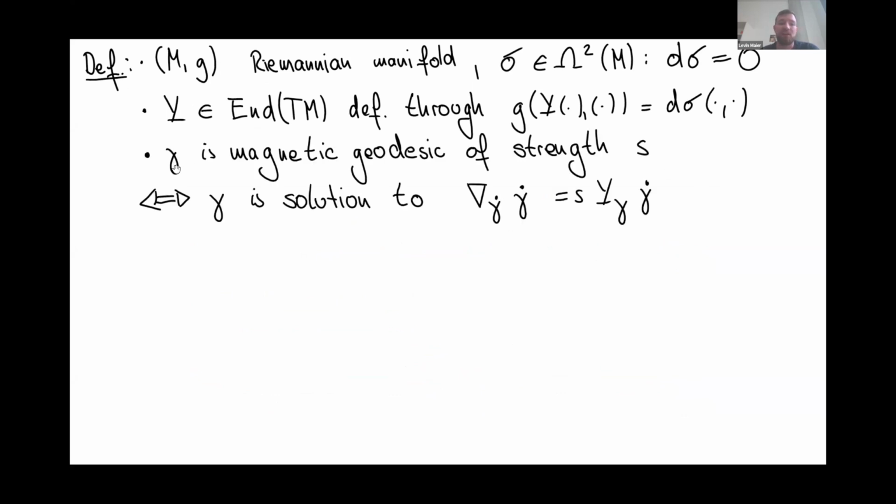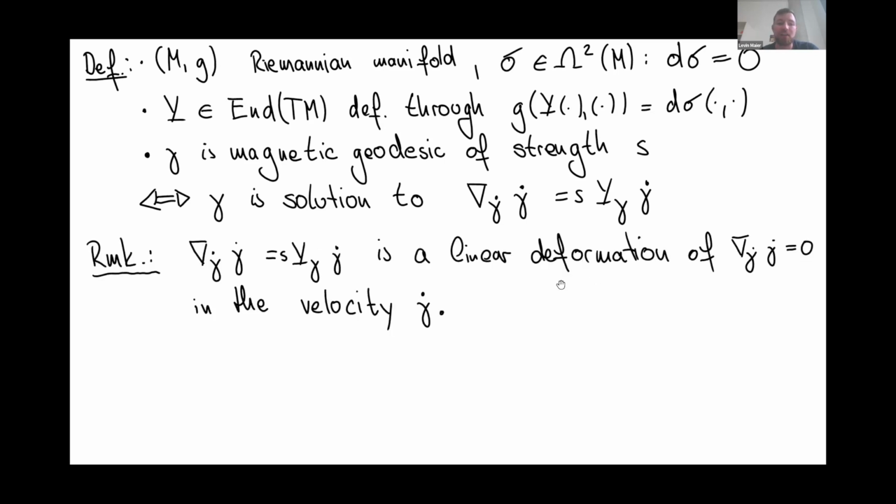Then we call a curve gamma a magnetic geodesic of strength S if and only if gamma is a solution of the following ODE. I like to think about the ODE as a linear deformation of the geodesic equation in the velocity, because Y is linear in the velocity. Also note, if you choose S equal to 0, you recover the geodesic equation. So it's a natural generalization of the geodesic equation.